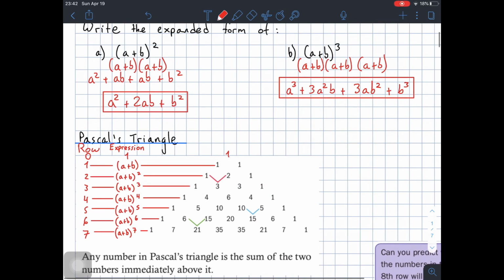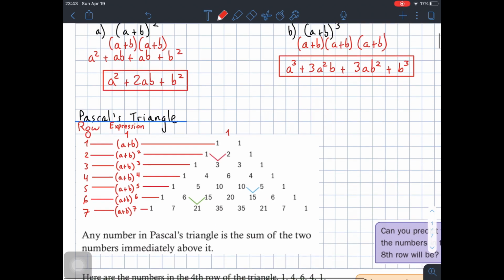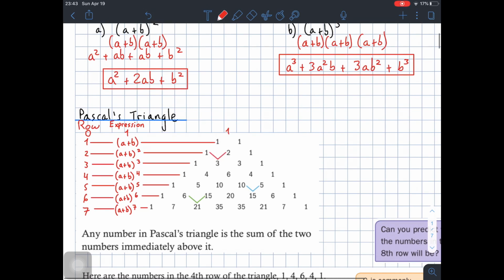We can easily write, for example, the expansion of (a + b) to the power of 7 just by looking at the coefficients over here. And pay attention that, well, this is something that we're going to see in a while. But for example, in (a + b)^3, you'll see that the first term, the a, always starts with the greatest exponent, in this case to the power of 3, right?